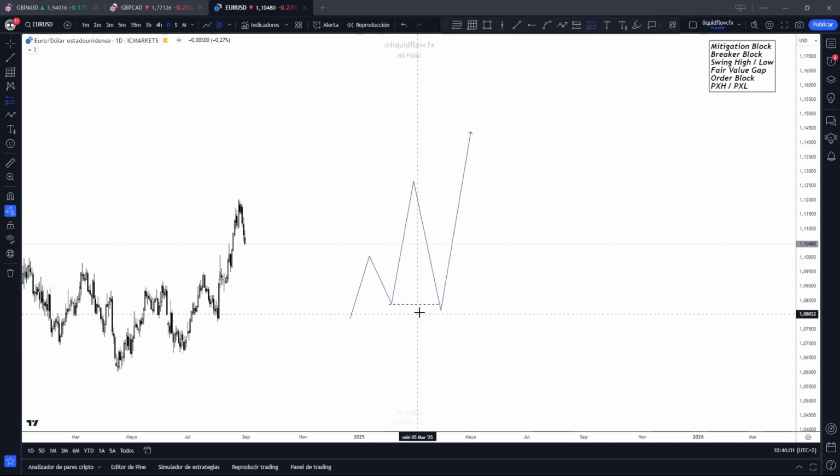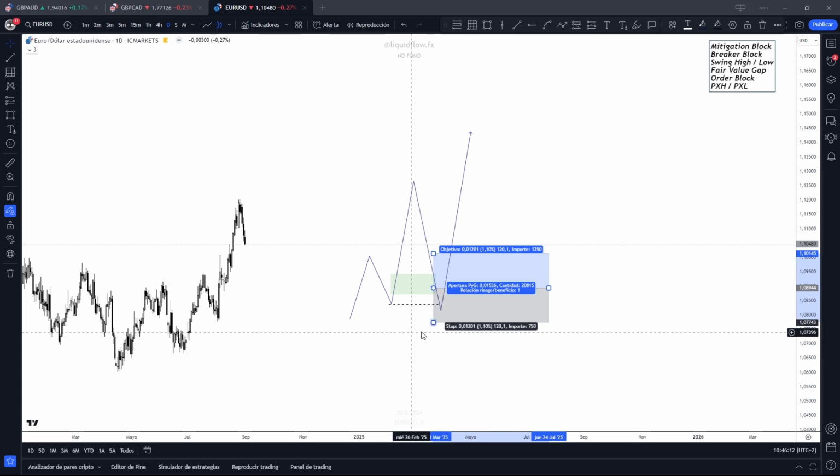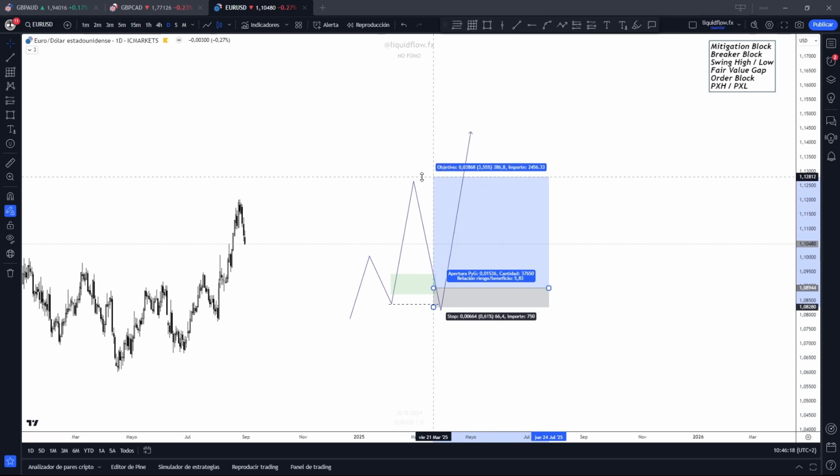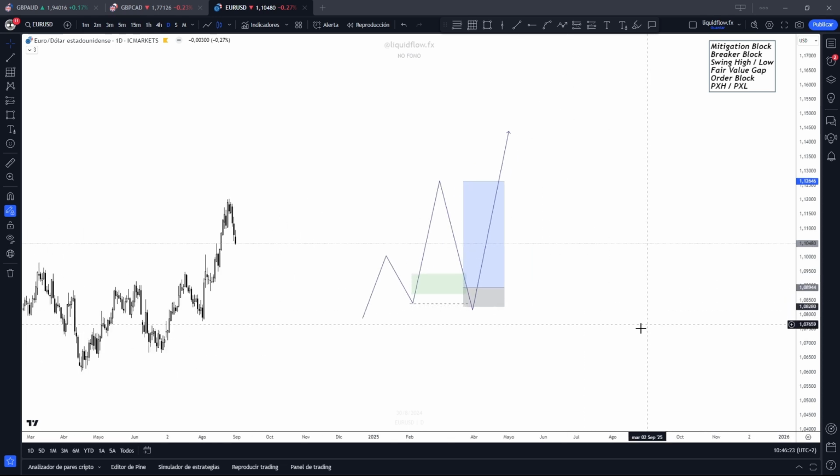If you have your entry here, like for example, we have a kind of fair value gap or whatever you want to have, and you put your stop loss just below the last swing low and your TP is in the high, then what does the market do?